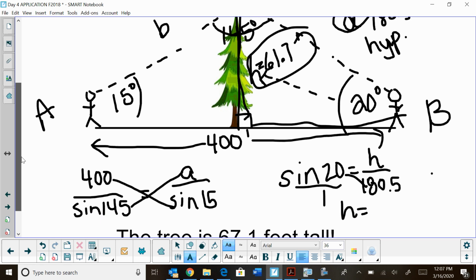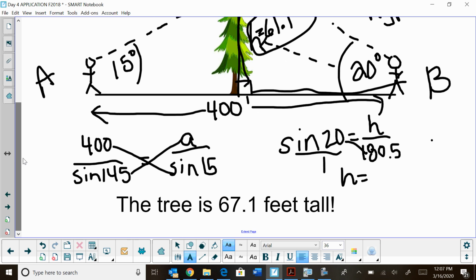So we set up that ratio, c over sine 145 is equal to a over sine 15, and I solve for a. You could solve for b and then work your sine over here, but I chose a. And I solved for a, and I found that to be 180. Then I used old school trig, just a regular sine function, to solve for that final one.